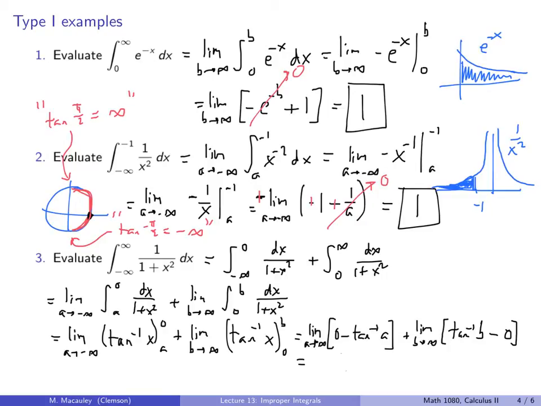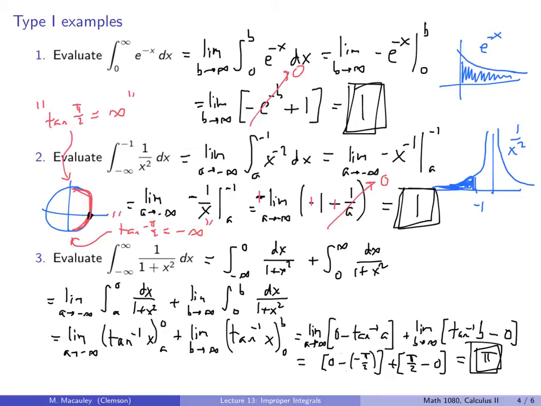So this is 0 minus negative pi over 2, because remember, there really is a negative sign there. I know it's hard to see. And then here, this one is positive pi over 2 minus 0, and together our answer is pi. I'll box that double so we can see all of these.